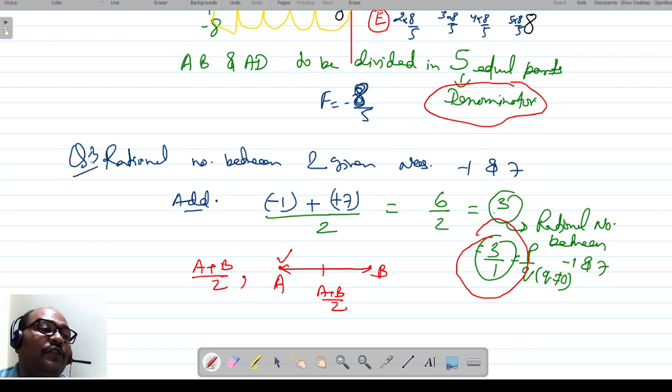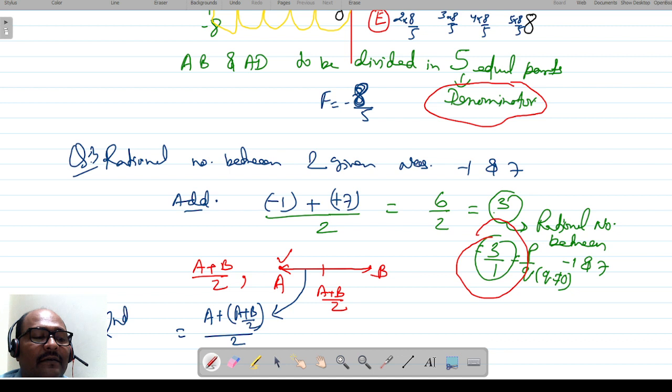This is the second rational number, the middle term, between a and b.